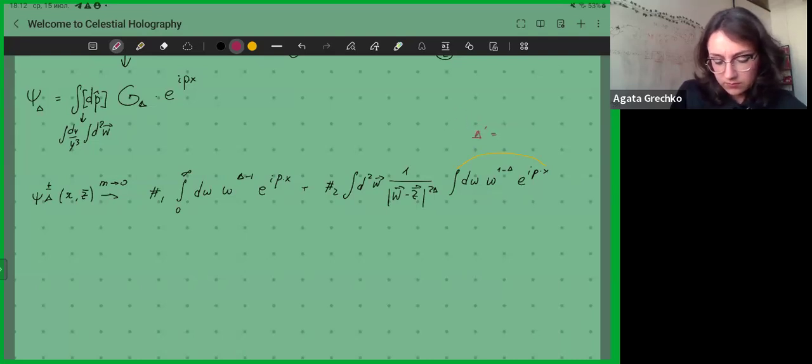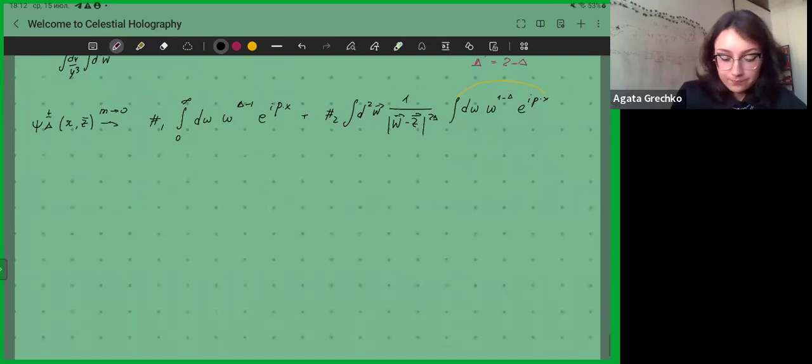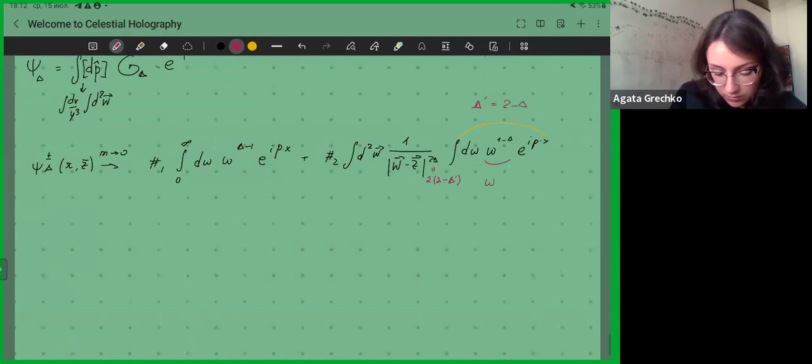So we just see that this thing here will be rewritten with delta equals 2 minus delta prime, so it's plus delta prime, and everything is fine, so it's delta prime minus 1, right?